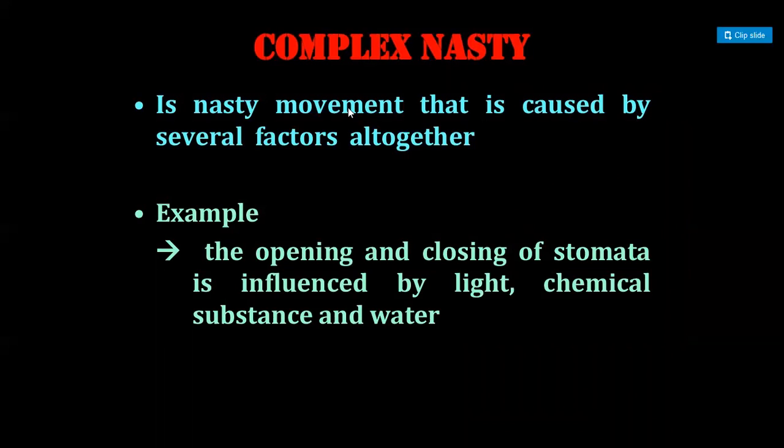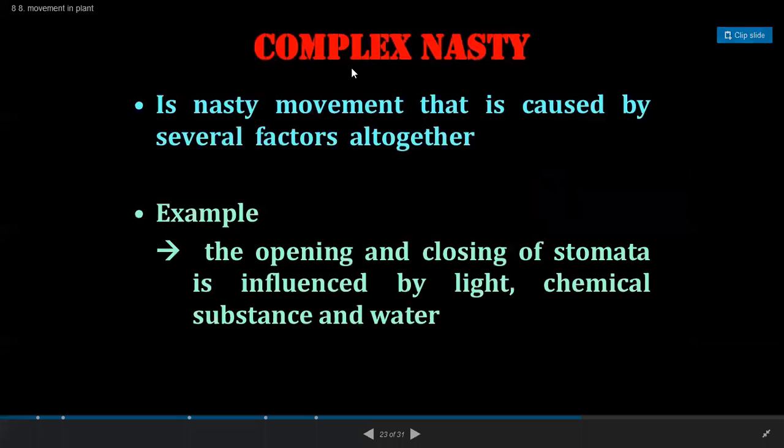The opening and closing of stomata is influenced by light, chemical substances, water, and temperature. Here, many factors influence the opening and closing of stomata. So this movement is called complex nastic movement.